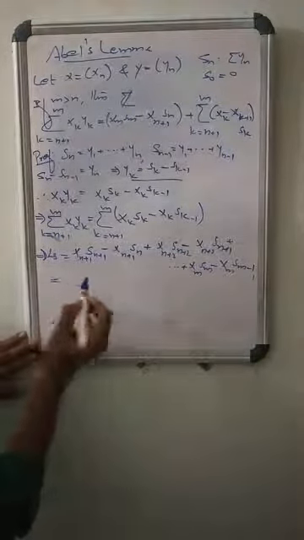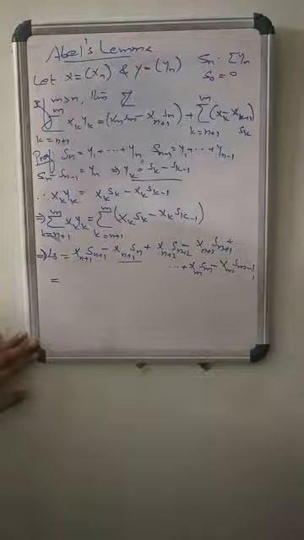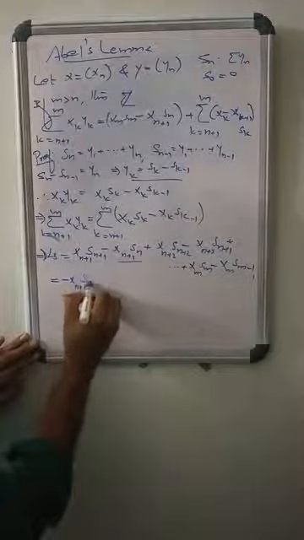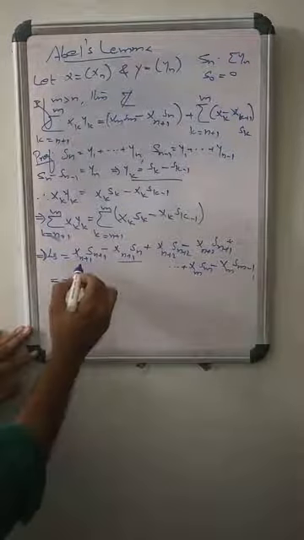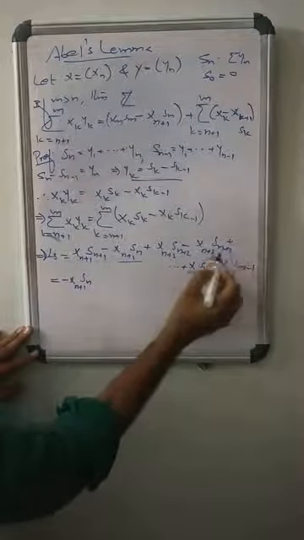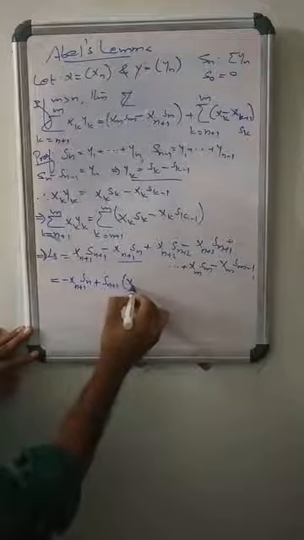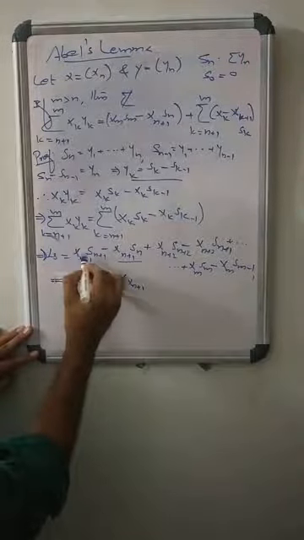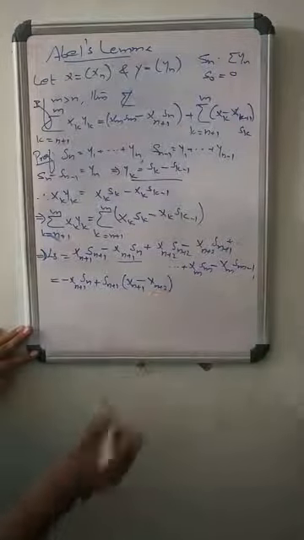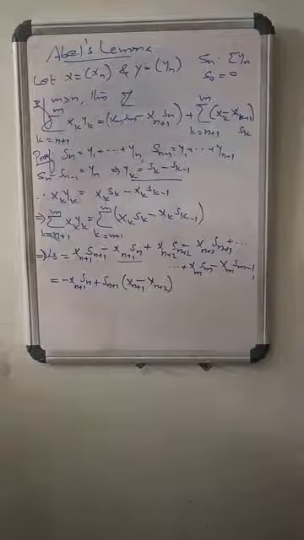That equals minus xn plus 1 sn. Now, taking the sn plus 1 terms: xn plus 1 sn plus 1 minus xn plus 2 sn plus 1, so plus sn plus 1 into (xn plus 1 minus xn plus 2).